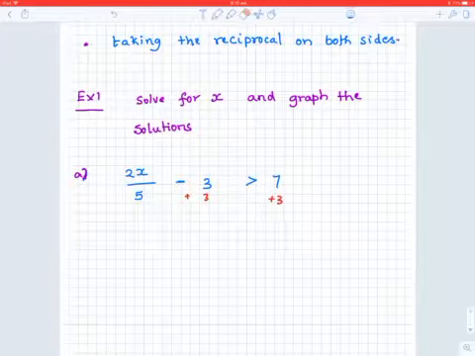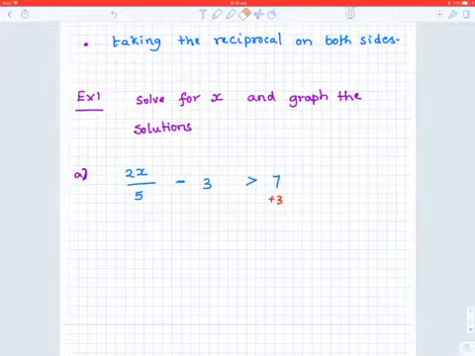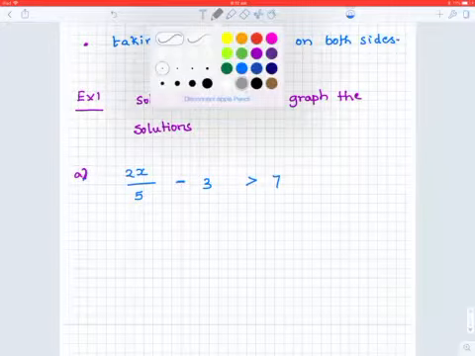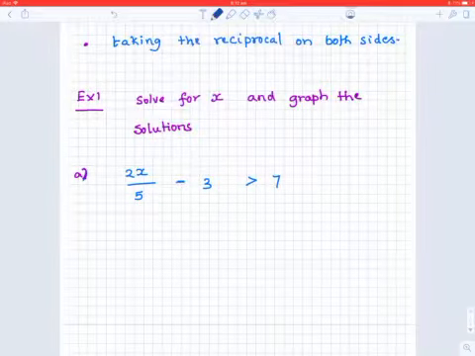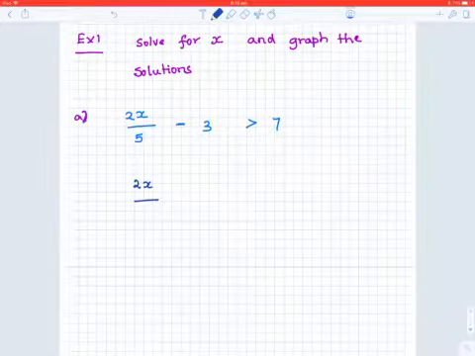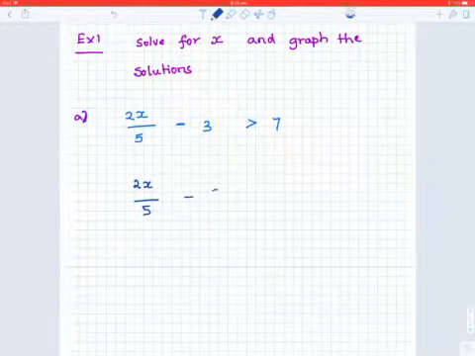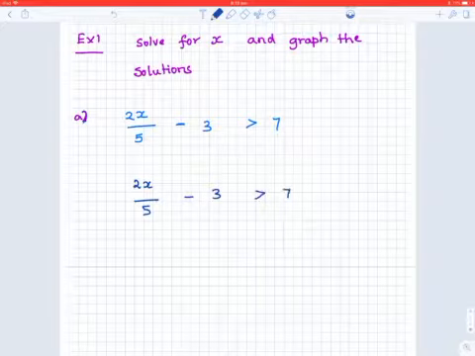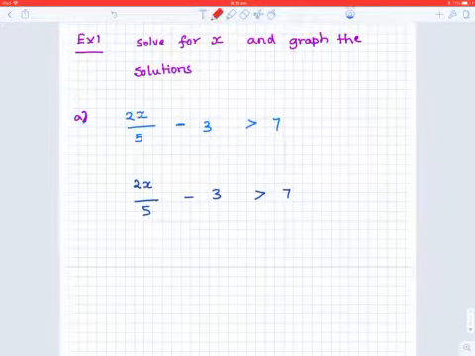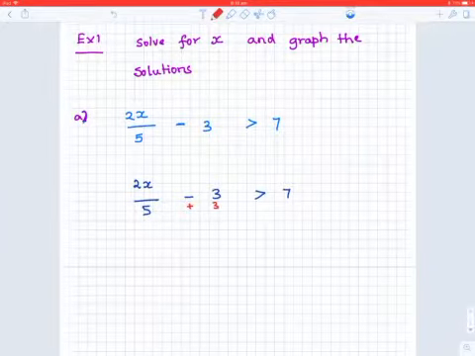Whenever you do this, one side is a slash, the other side is a circle. Before that, I write the question again: 2x divided by 5, take away 3, more than 7.